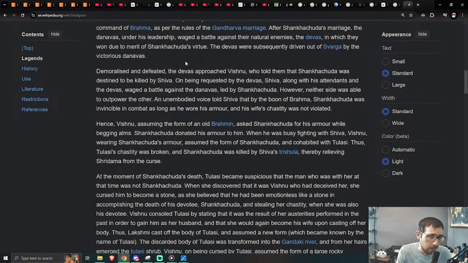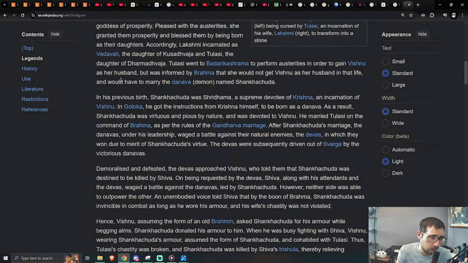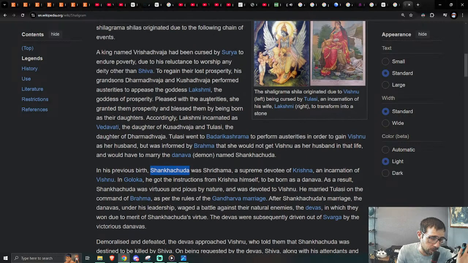Where is it? So basically, this guy, Shankashuta, I guess I'll just read it. A king named Vrishadavaja had been cursed by Surya to endure poverty due to his reluctance to worship any deity other than Shiva.